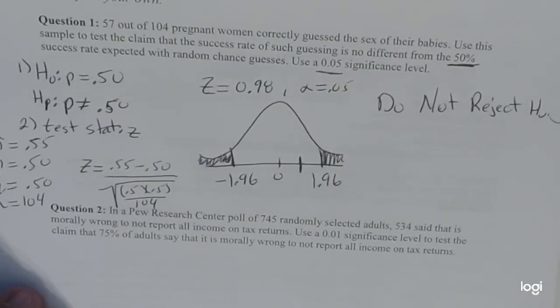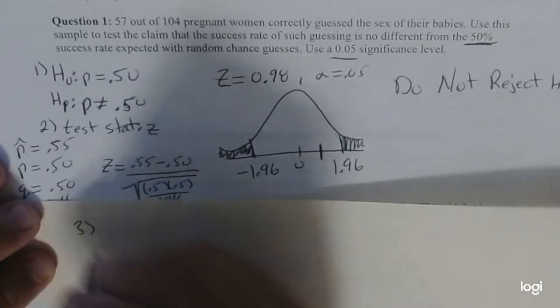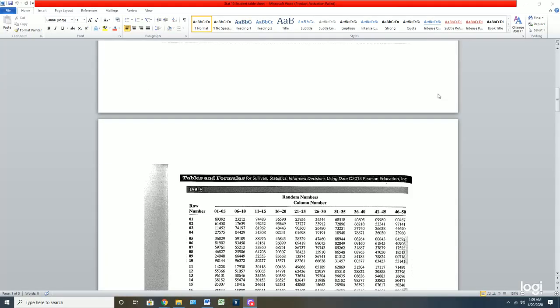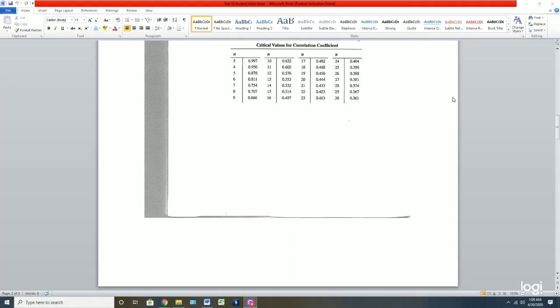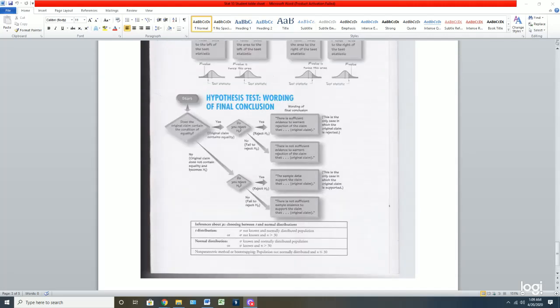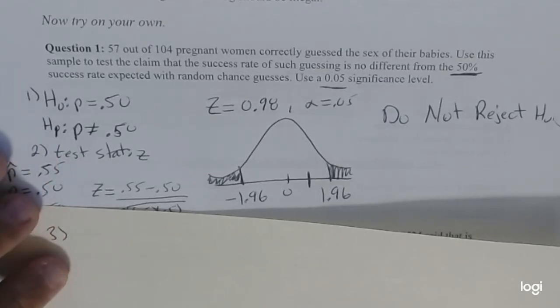So now finally, the last thing to do is to write our conclusion down. So step 3, our conclusion. So that again goes back to our flowchart, and we just follow it. Okay. So first thing is, do we have equality? What does no different mean? If I say I am no different from you, that means we are the same, correct?